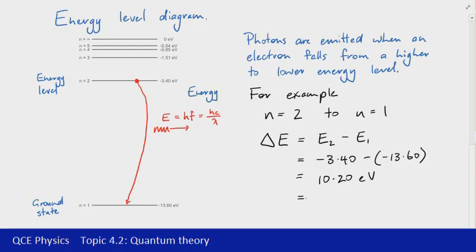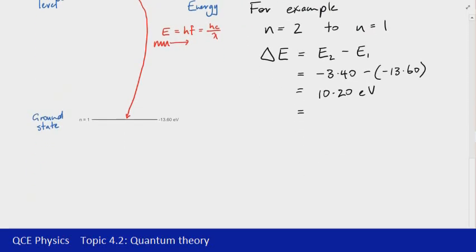Now, because we're going to be calculating the wavelength of the light here, we need to convert that back to joules. So we'd have to multiply that value by 1.60 by 10 to the negative 19, and that gives us a value of 1.63 by 10 to the negative 18 joules.